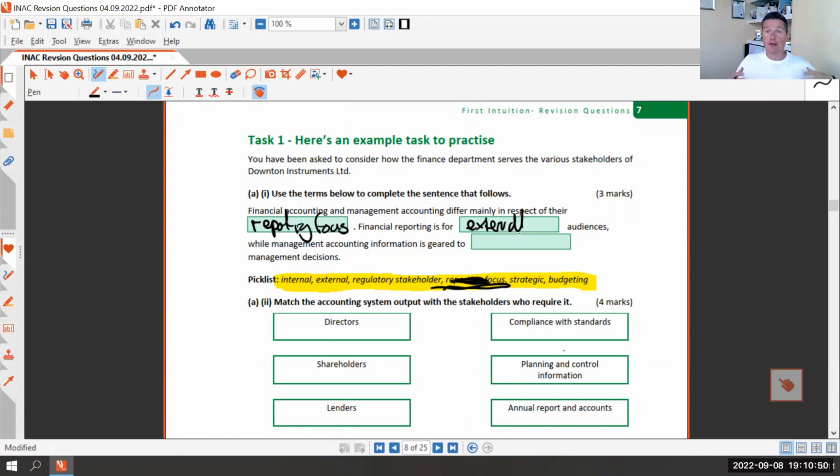It's stuff that you don't want external people seeing. You want external people to see the bare minimum, which is the financial accounts that go to Companies House. So this is our internal focus.